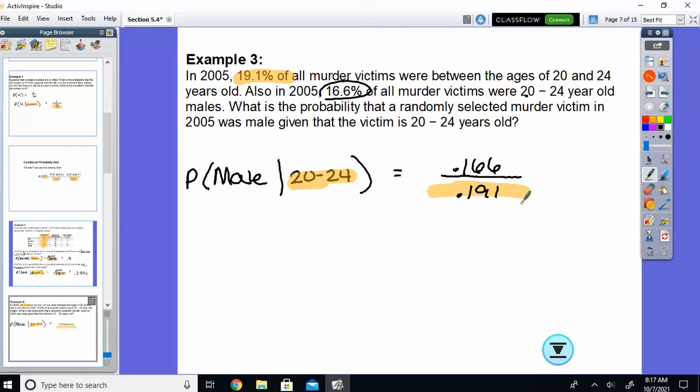So if we divide those, we get 0.8691. So if we know that the victim was between the ages of 20 to 24, there is almost an 87% chance that it was a male. Questions on that one?